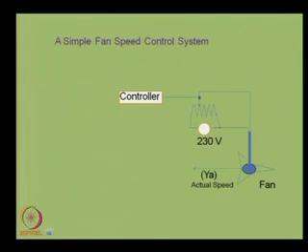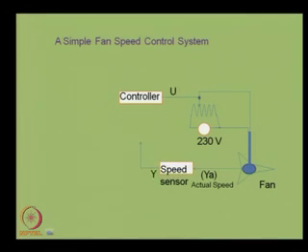Often its speed can be controlled by a controller. The controller output is designated by U. The basic job of the controller is to control the speed of the fan. That can be initiated with the help of the input voltages.